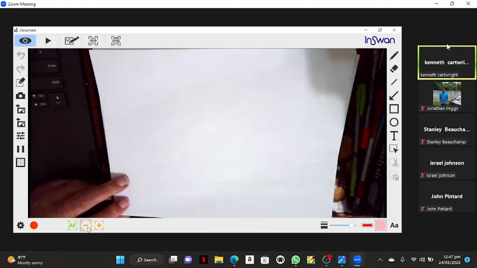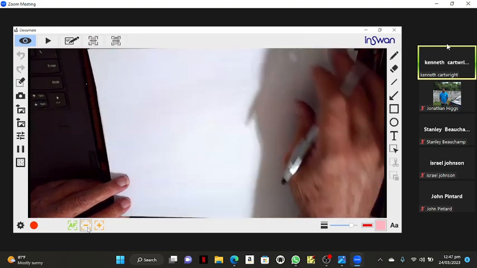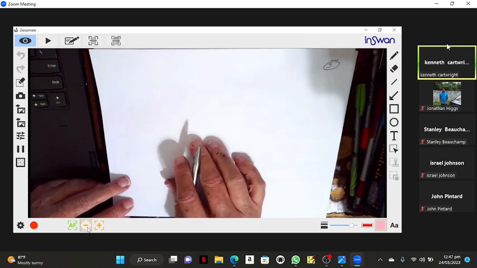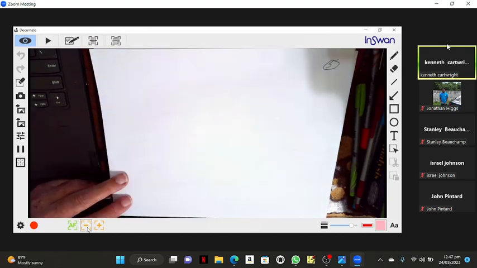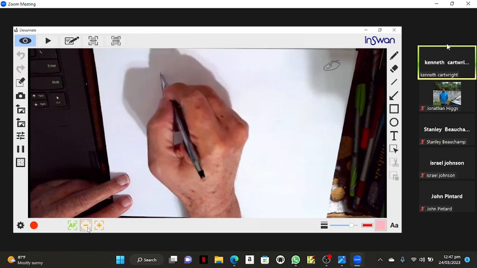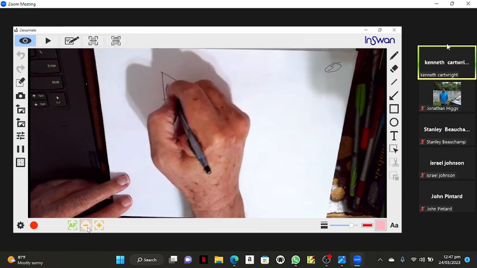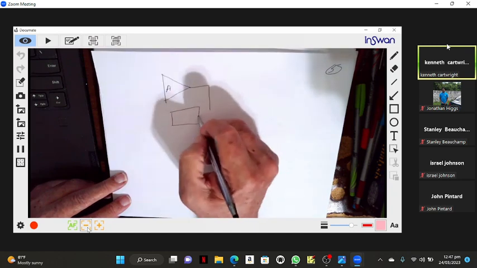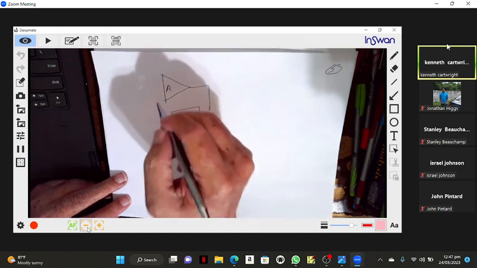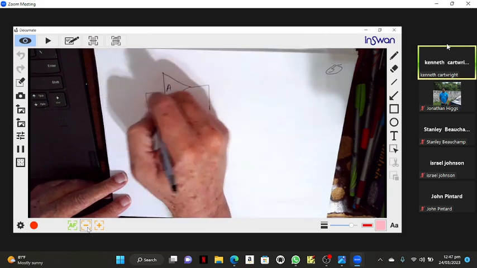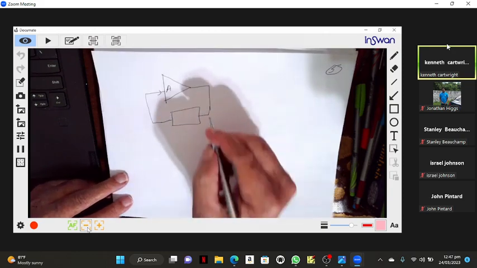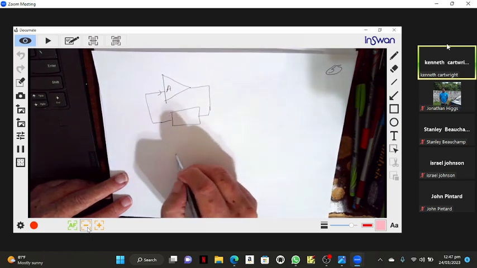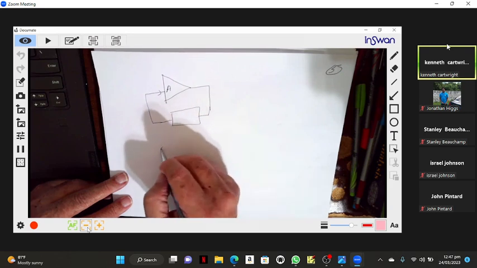Now, here's what I'm going to do. I am going to use a non-inverting amp and the feedback path. It's going to be this circuit here.